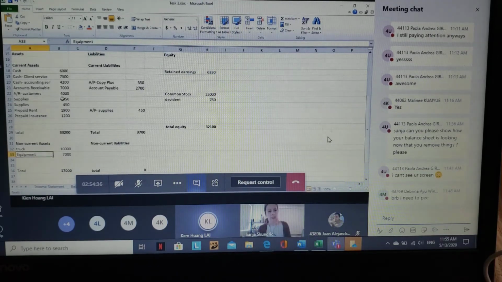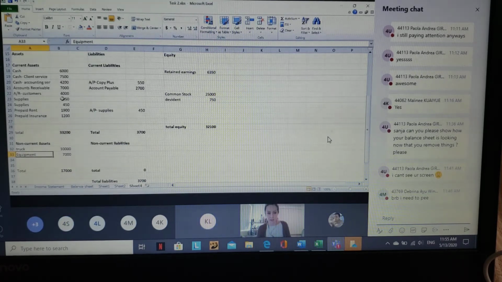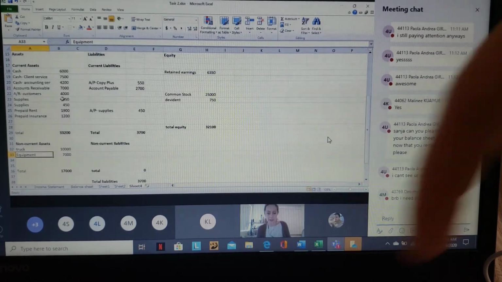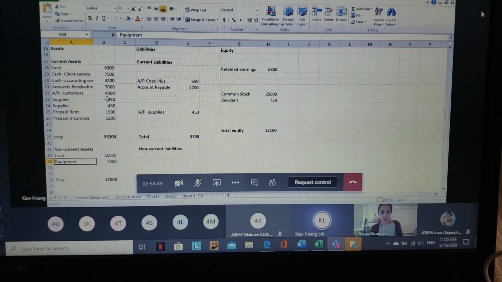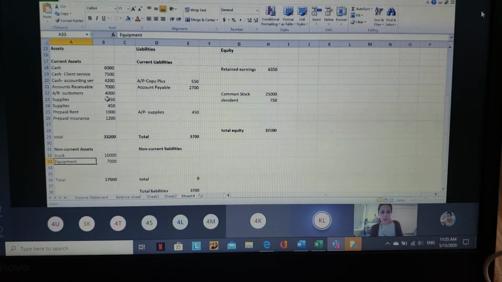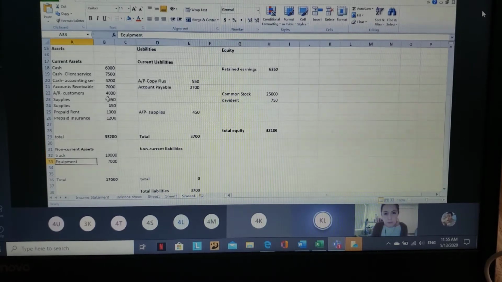That one I agree with, but I don't think so, because they've paid for it, so it's an expense that they had. They got more supplies. Yes, but the supplies we got belong to our inventory. Yeah, but it's a kind of asset we have. So that's why I put it in that current account.